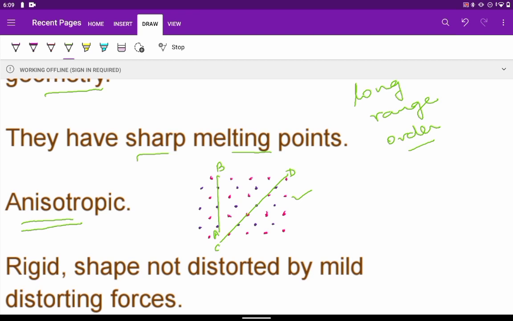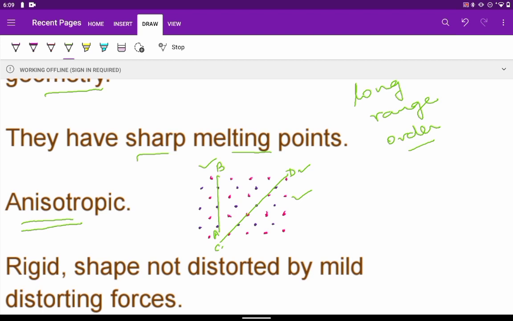Now see, whenever we measure any physical property along the slanting line CD, it will be different from the measured quantity in the direction of the vertical line AB, because in the line CD there are alternate types of atoms, red, blue, whereas along the line AB only the same type of atoms are arranged.